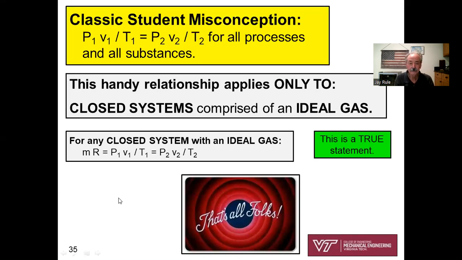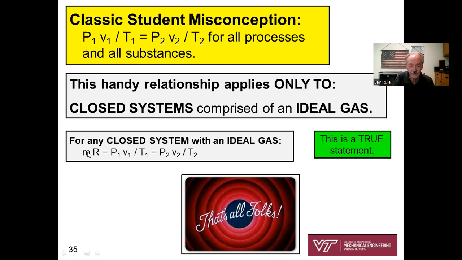And finally, the final classic student misconception is once we introduce the ideal gas equation of state, PV equals mRT, you can generate a jingle for an ideal gas that's a closed system: P1 V1 over T1 equals P2 V2 over T2. The only time you can say that is when you have a closed system and an ideal gas. In other words, mR equals constant. Mass is constant. Mass is fixed.